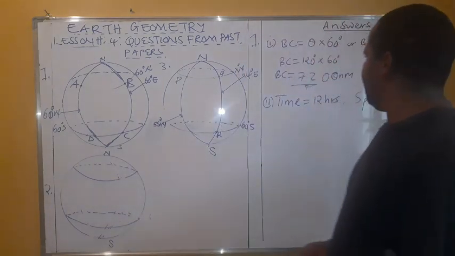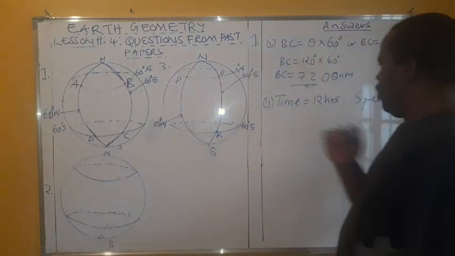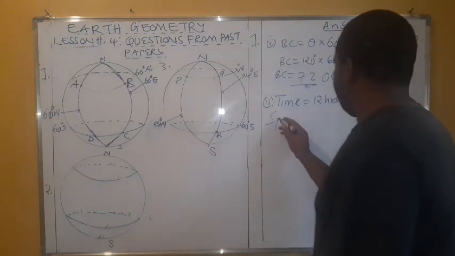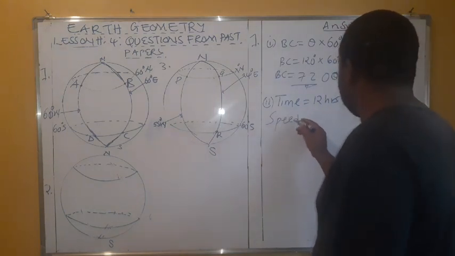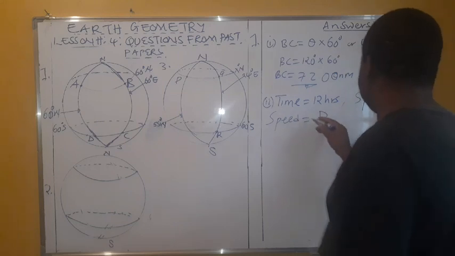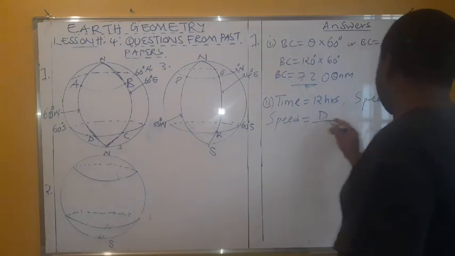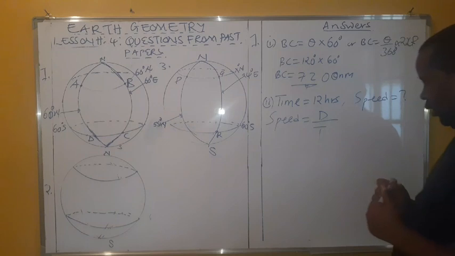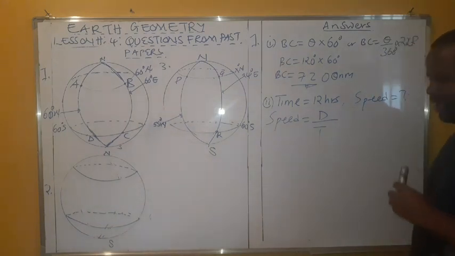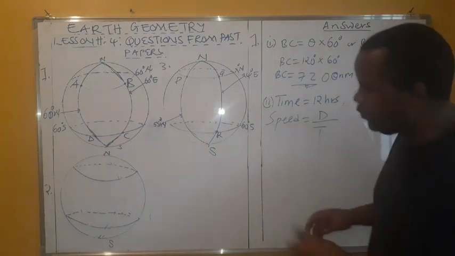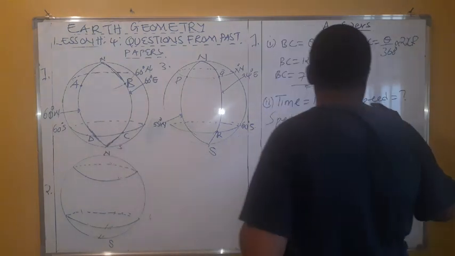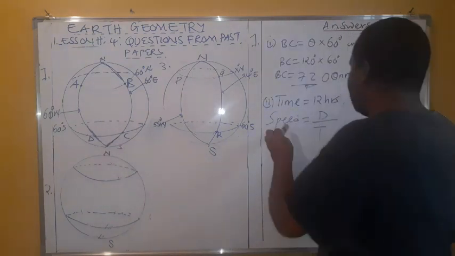In this case, we recall the formula for finding speed: speed is equal to distance over time taken. This ship sails from C to D in 12 hours, then what is the speed?